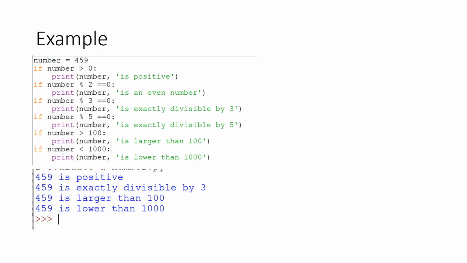So what it means is that when this program runs, each one of the conditions is checked, because each one of those conditions is written in an independent if statement. So it means that those conditions can coexist in the number, so they are not mutually exclusive.